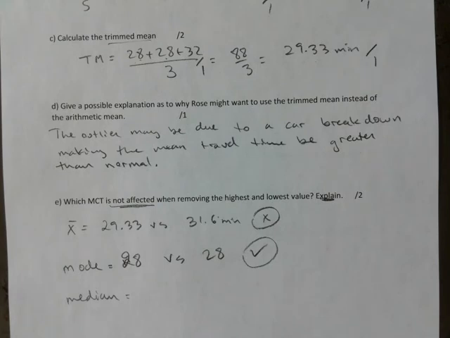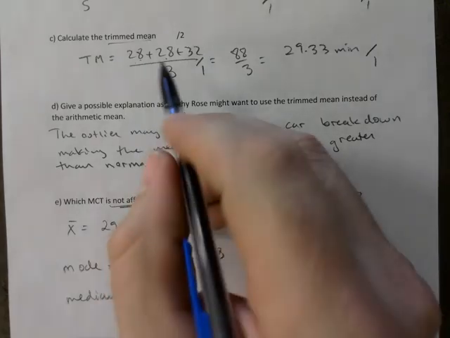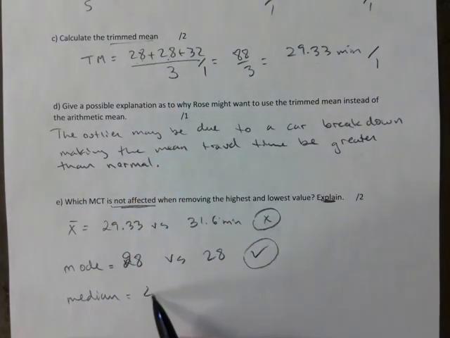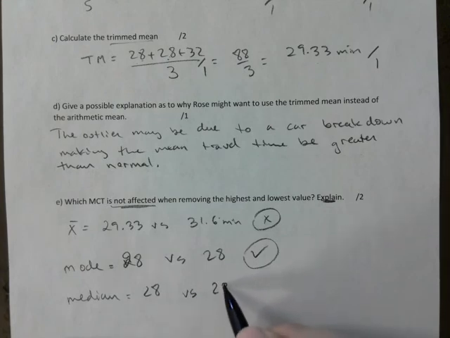The median: do you remember my awesome visual with the tape here? If you trim, the median isn't affected. The middle stays the middle because you're taking the same amount off each end. So the median is 28 versus 28. It's still the same.